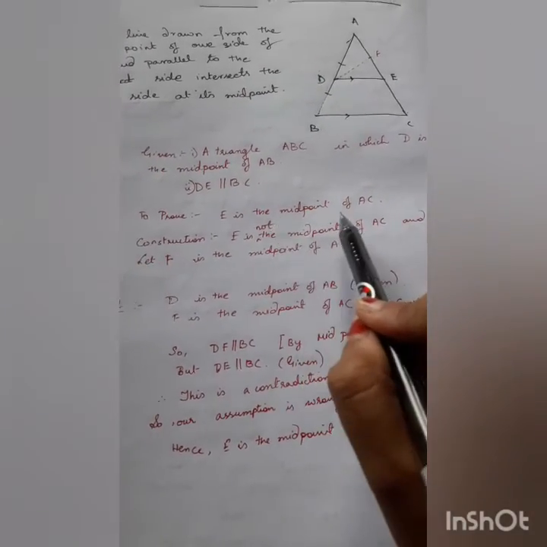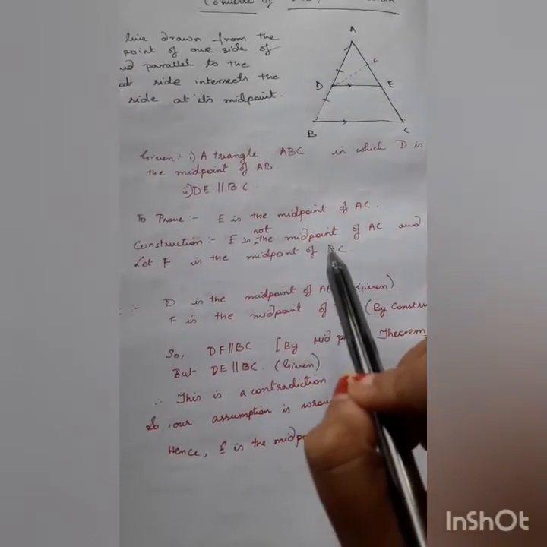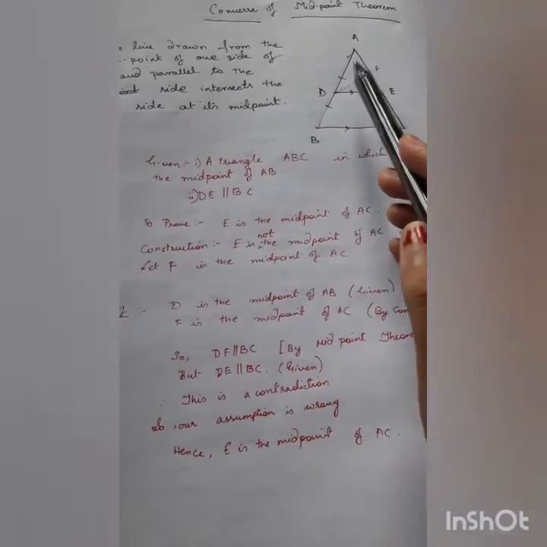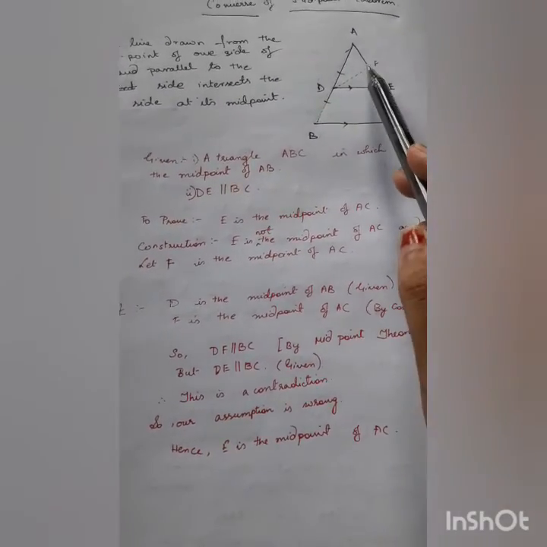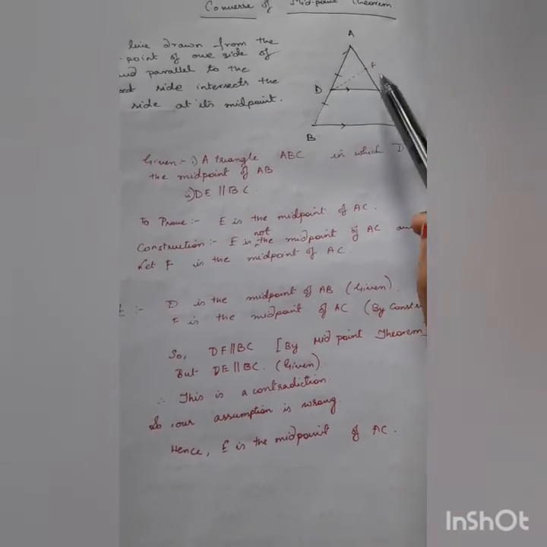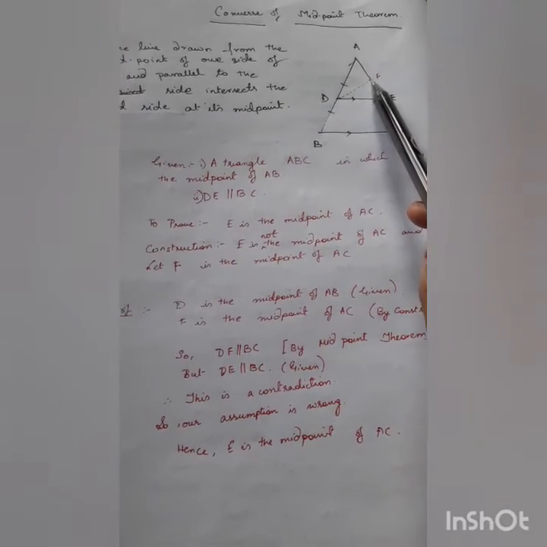Since we have to prove that, we will for the time being take that E is not the midpoint of AC and let F be the midpoint of AC. F is any other point on this side AC. So F is the midpoint of AC that we are considering.